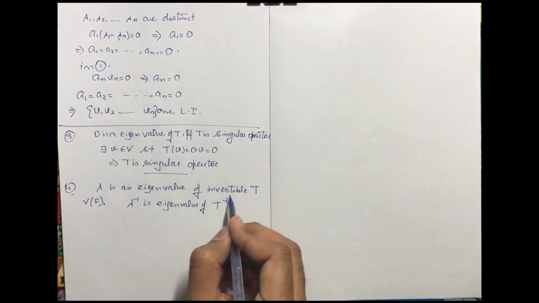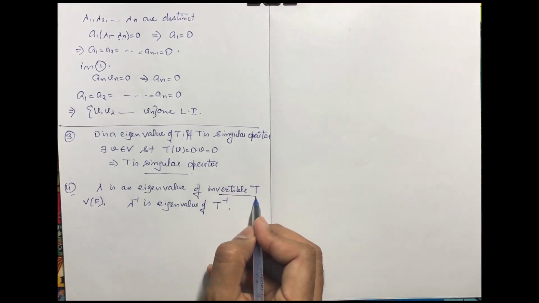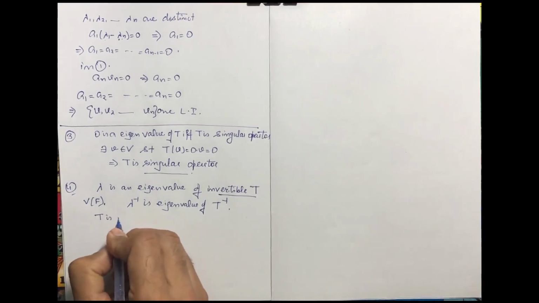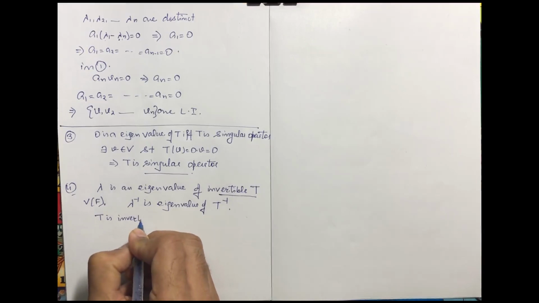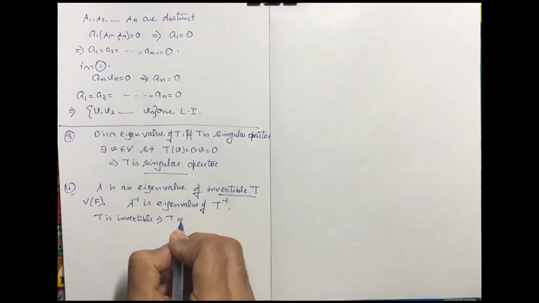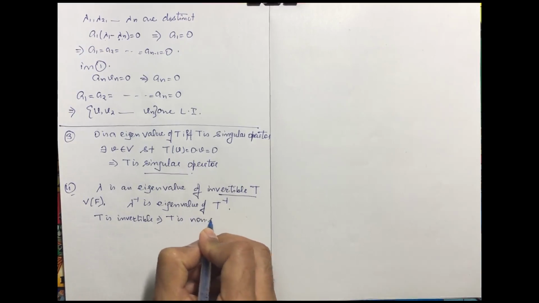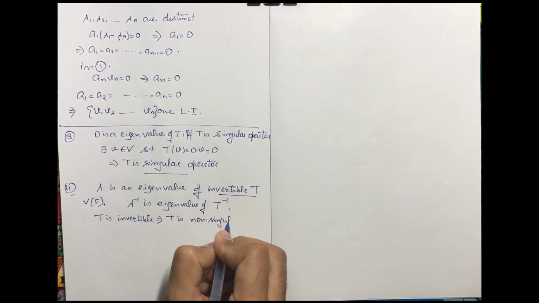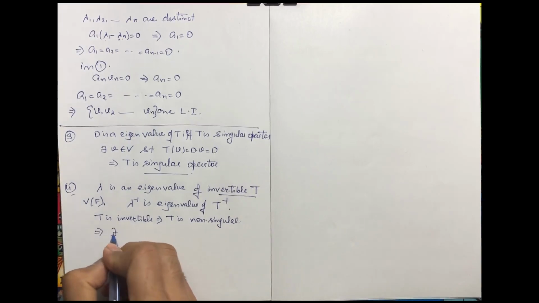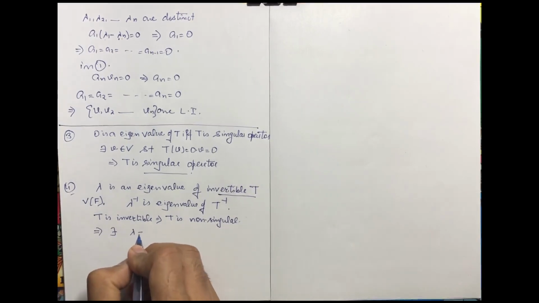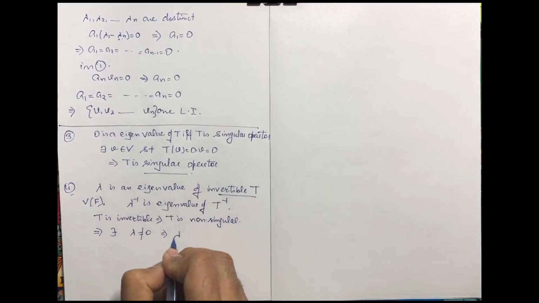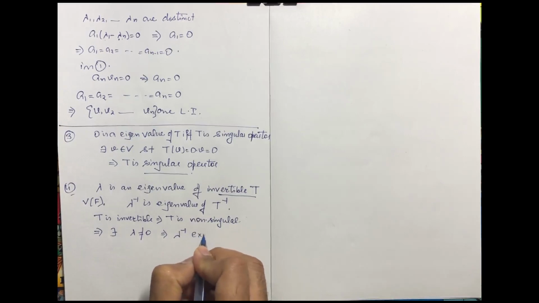So given T is invertible, this implies T is non-singular. So there exists a non-zero eigenvalue, which implies lambda inverse also exists.